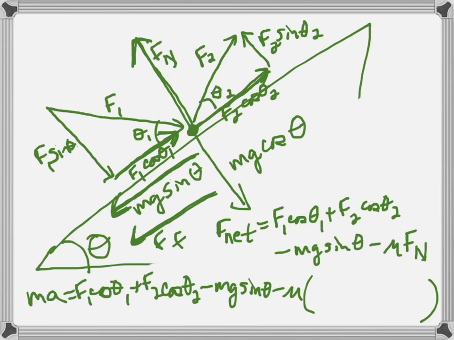Well, we have no acceleration in the vertical direction, so what do I have? I have a normal force going up. I have F2 sine of theta 2 going up. I have F1 sine of theta 1 going down, and I have mg cosine of theta going down. So what is Fn? Well, Fn plus this force should equal these forces added together.